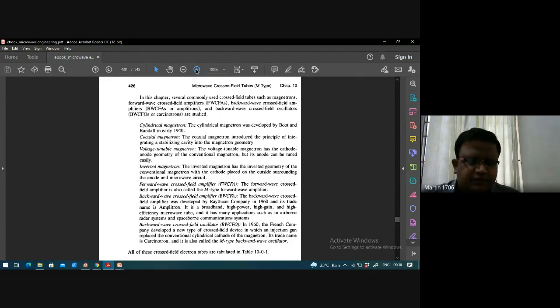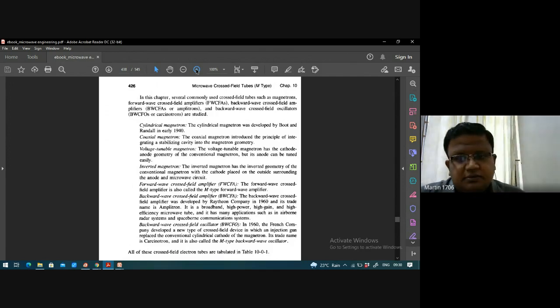In between, from the wall, the radiation or signal will radiate. It will circulate over this geometry, then it produces only a circular pattern. Similarly, the coaxial magnetron was introduced by the principle of integrating a stabilizing cavity into the magnetron geometry.